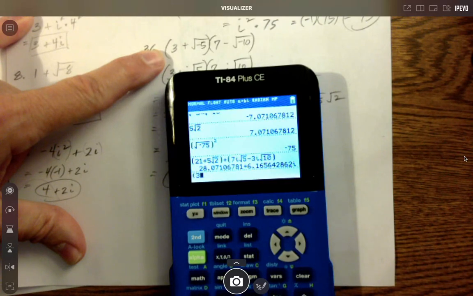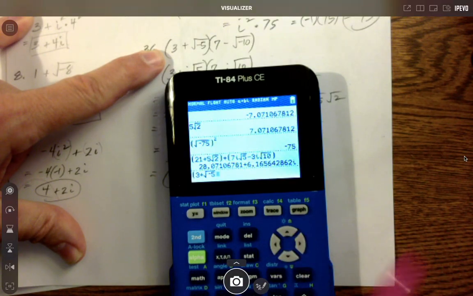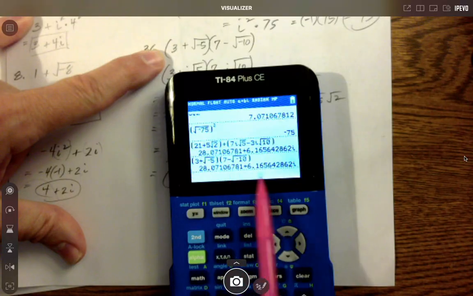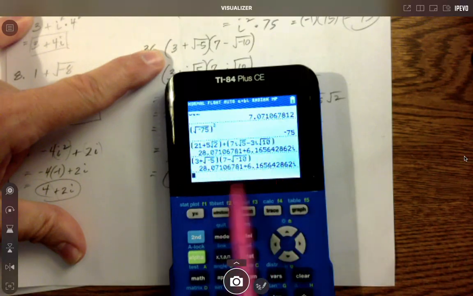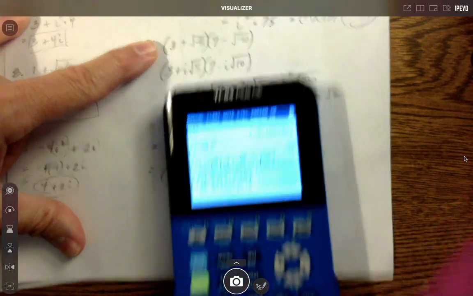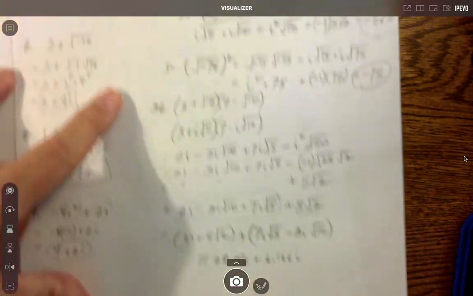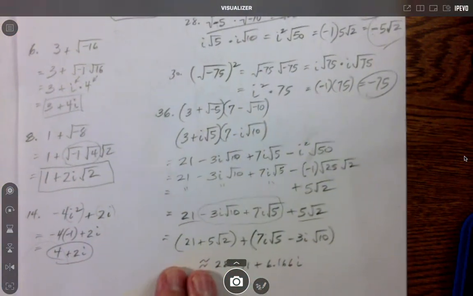So 3 plus the square root of negative 5, move out of the square root, close parentheses, open parentheses, 7 minus the square root of negative 10, move out, close it, and I do. So all is right with the world. The original problem estimate is equal to my final answer estimate. So we're good. And I think that's all I'm going to do for today.